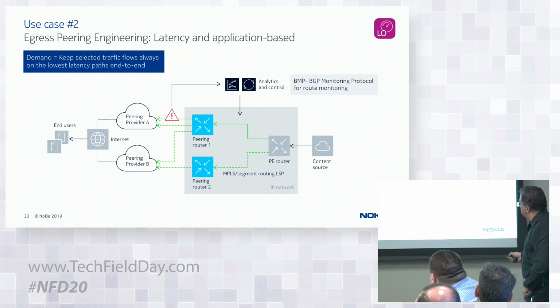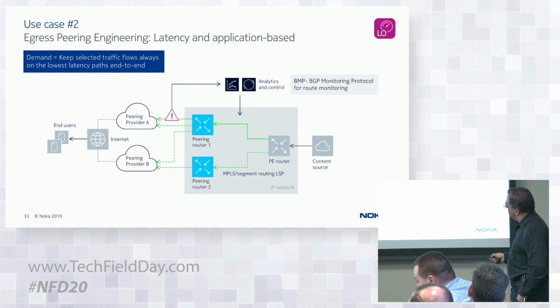So what we're doing is really to measure from the border router to the external address what is the latency, measure it internally through the MPLS tunnel, add the two values, compute the total value, and inject that into the path computation algorithm that will figure out not only what's the best egress peer link, but what's the best router and the best egress peer link to reach that user with lowest latency end-to-end. We will show you a demo on that aspect.